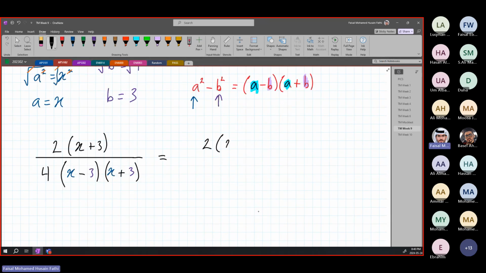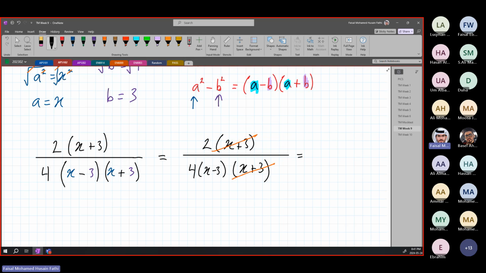So if I just rewrite this in the same way, this is 4 times (x minus 3) times (x plus 3). Now you notice up and down, what do we have that is the same? x plus 3 and x plus 3, they're the same thing, so we can cancel them together.